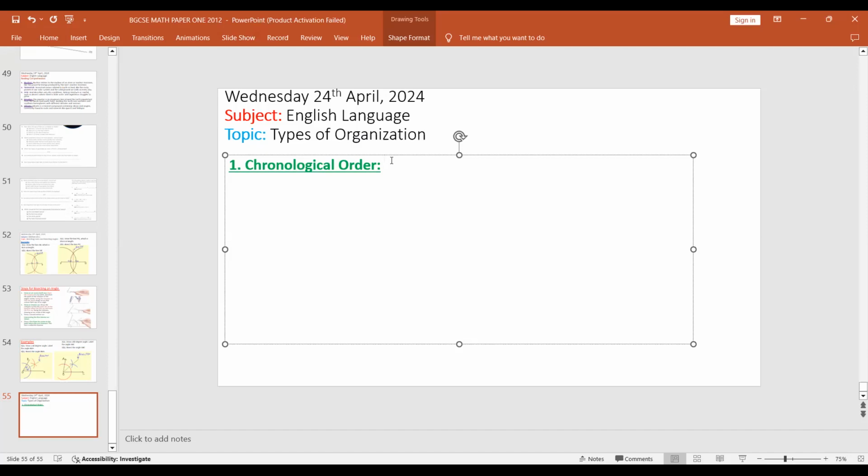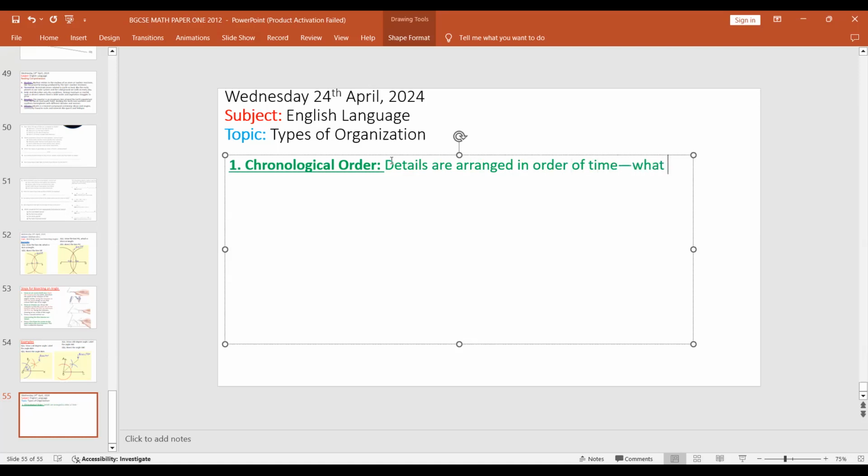So if they were to arrange you all in chronological order, the oldest one obviously would be the first one, then the second oldest, then the third oldest, then the fourth oldest, and so on. And then the last. That's what I mean by chronological order, in order of time. So when we talk about chronological order, we mean that details are arranged in order of time.